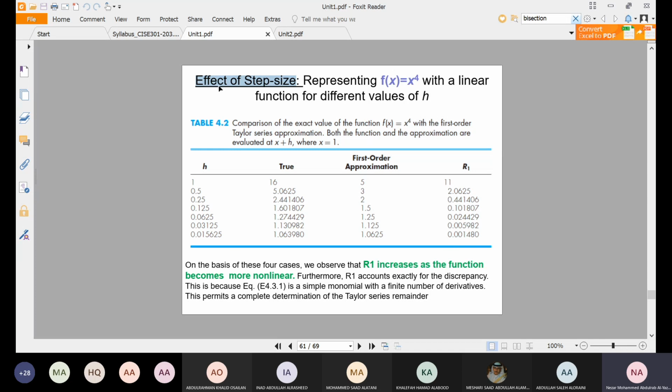So that is the effect of the step size: if we decrease the step size, the error will decrease, because we just estimate step by step.